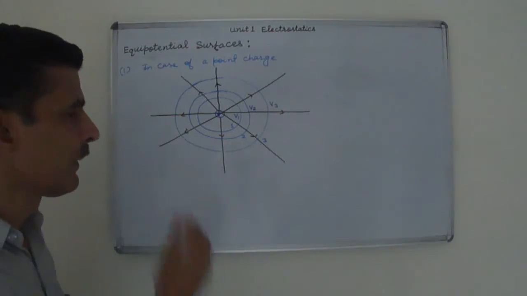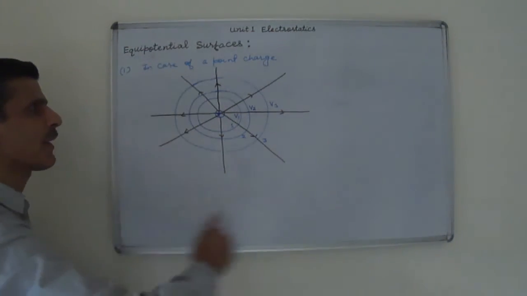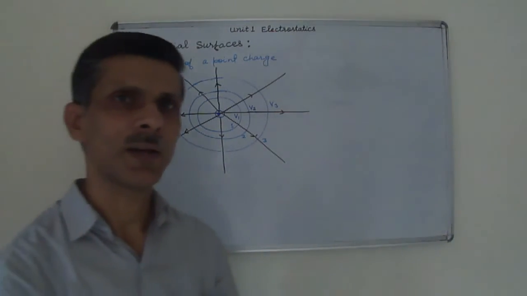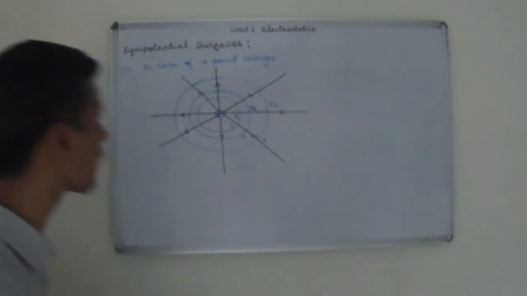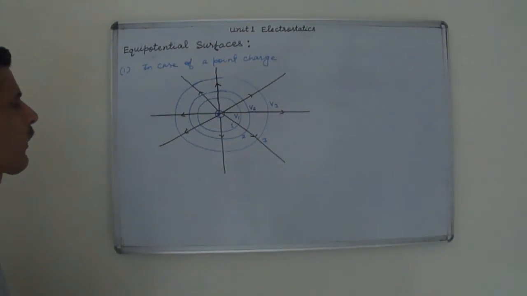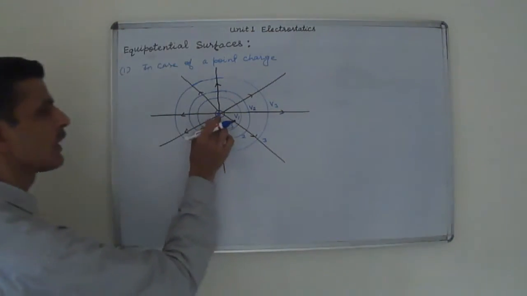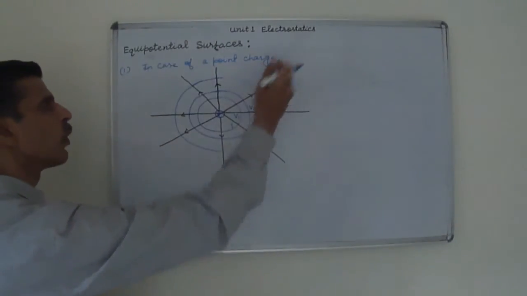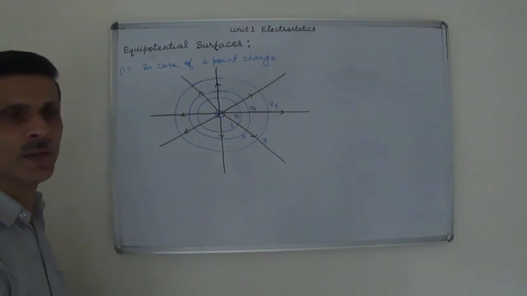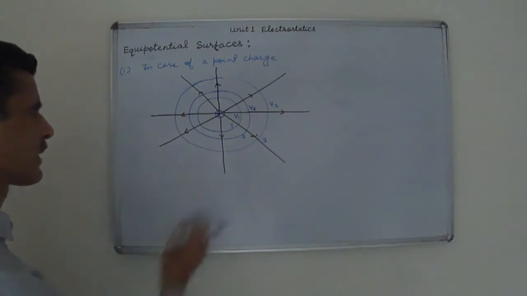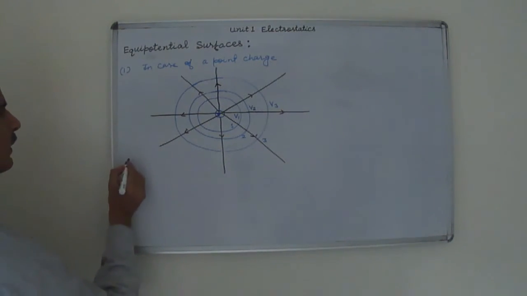So here you see equipotential surfaces are normal to electric field vectors. In case of a negative point charge, electric field points radially inward, and equipotential surfaces are concentric spheres as shown.